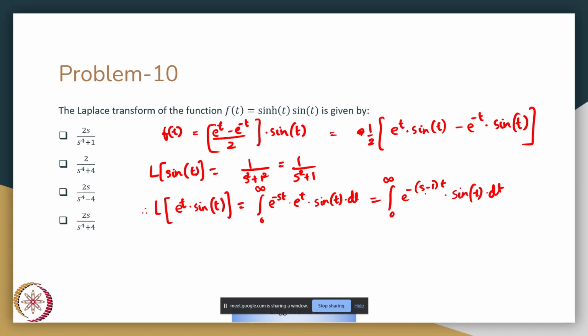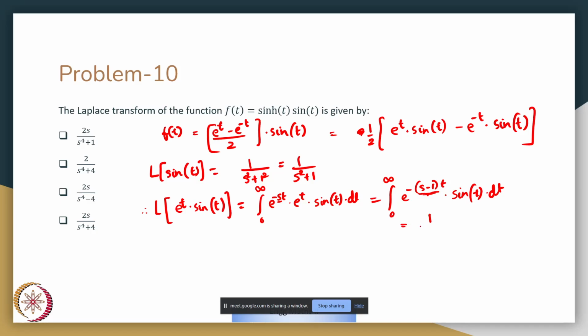So wherever we initially had s, it's now being replaced with s minus 1, and we are now taking Laplace transform of sin t with s minus 1 in place of s.